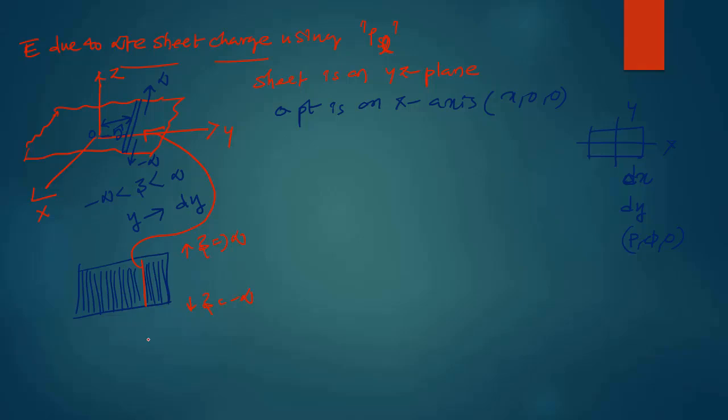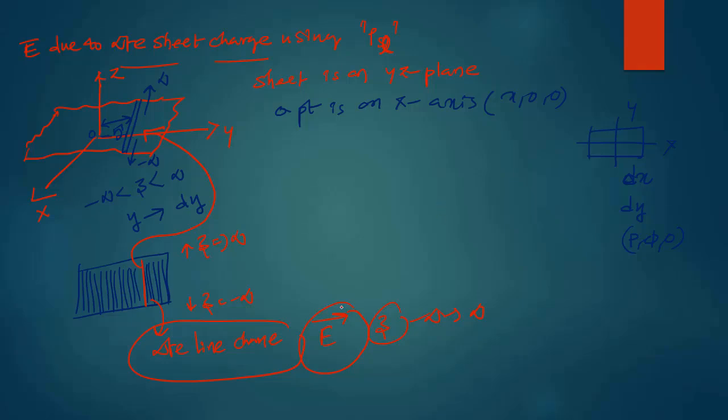So it is an infinite line charge. Due to this infinite line charge, we have to calculate the electric field. Then I will integrate this electric field by changing z from minus infinity to plus infinity. That is what I am going to do now.